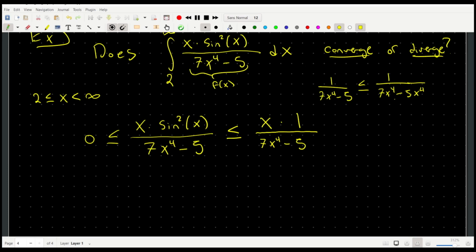So we're dividing by a smaller number here, which means 1 over this quantity will always be greater than or equal to this quantity right here. So 7x to the fourth minus 5x to the fourth is the same thing as 1 over 2x to the fourth.